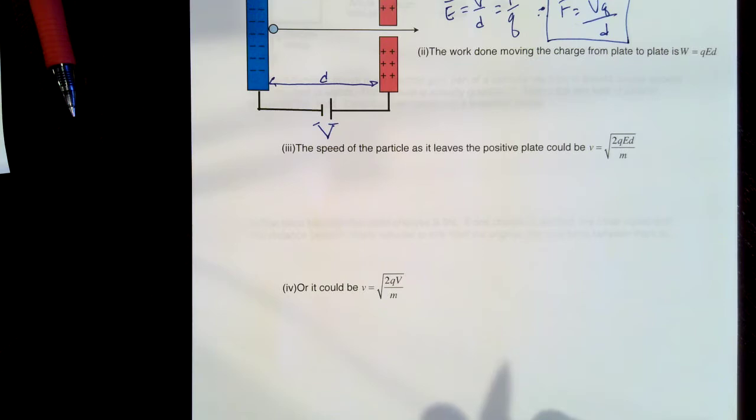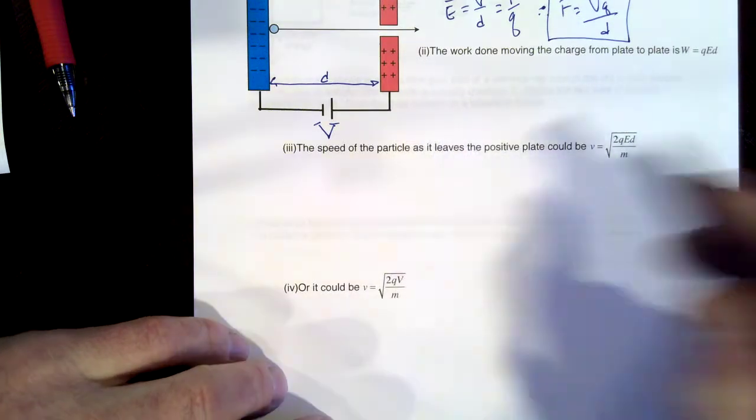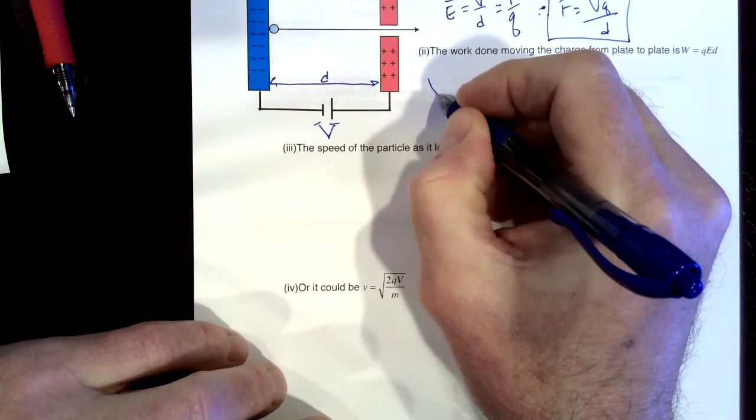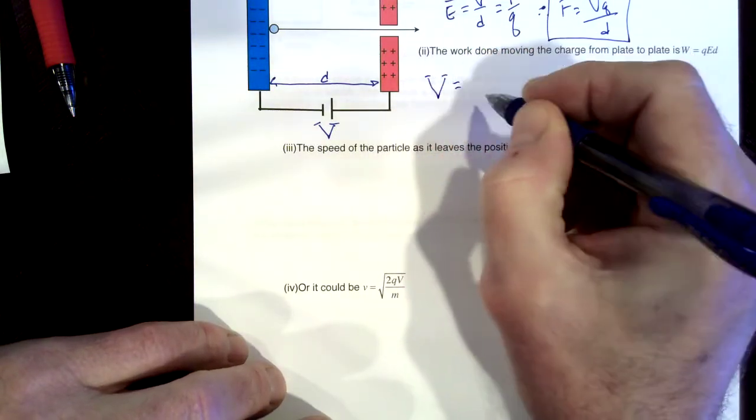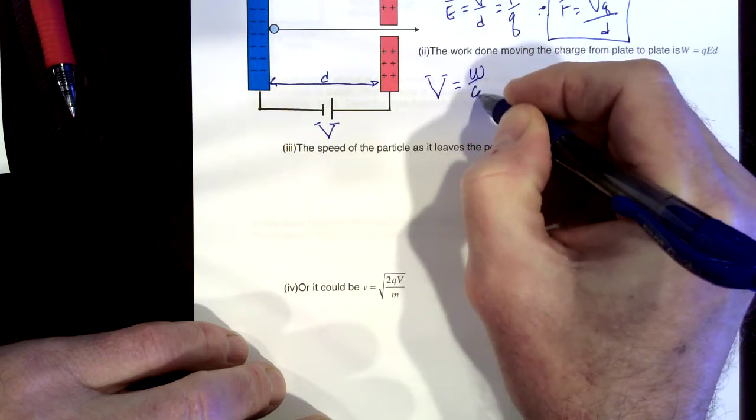All right, work done moving the charge. Well, W equals QED. Okay. Well, we're going to have to do something with voltage because by definition, your potential difference, the voltage, is the work done per charge.